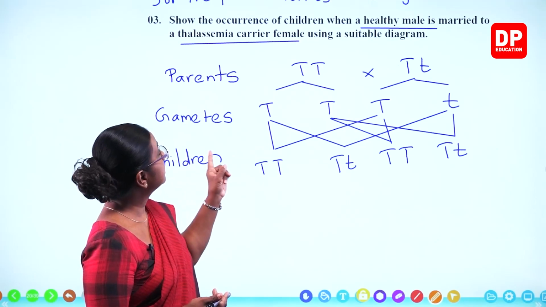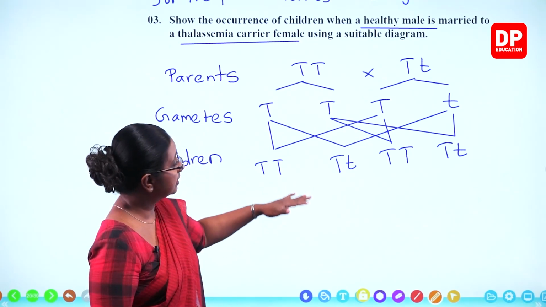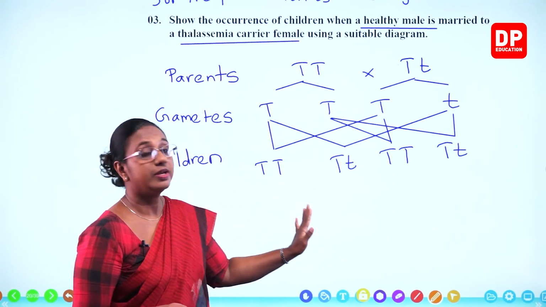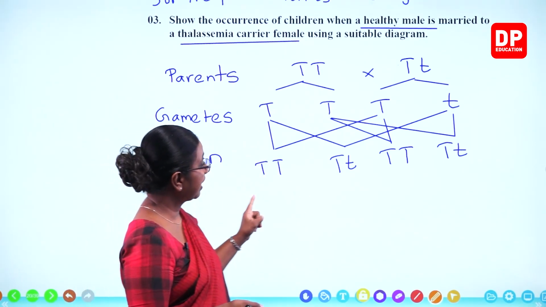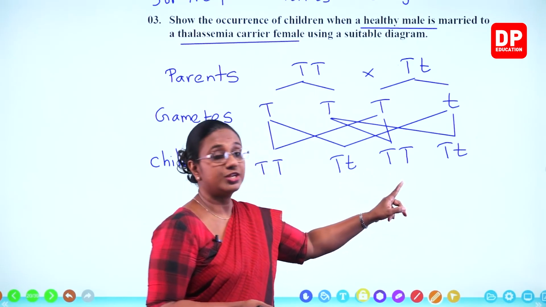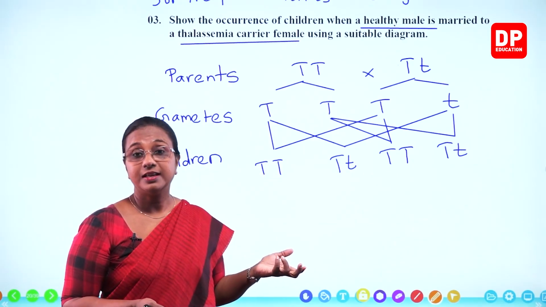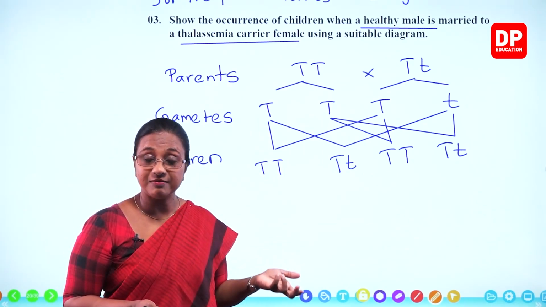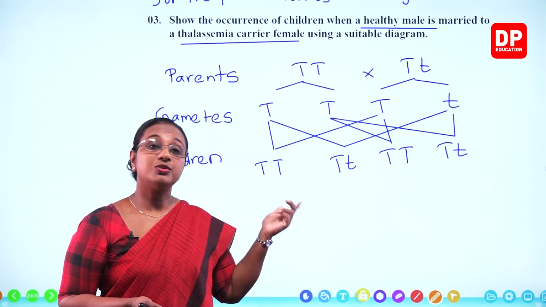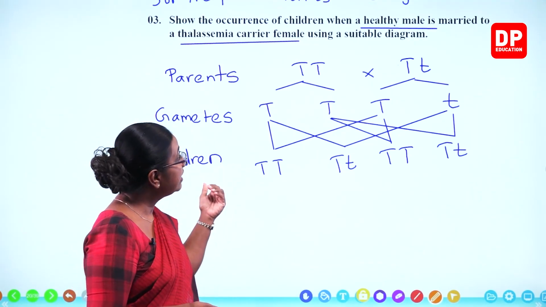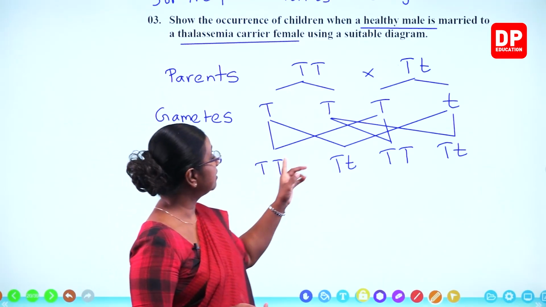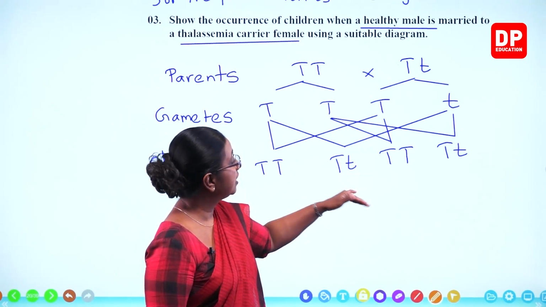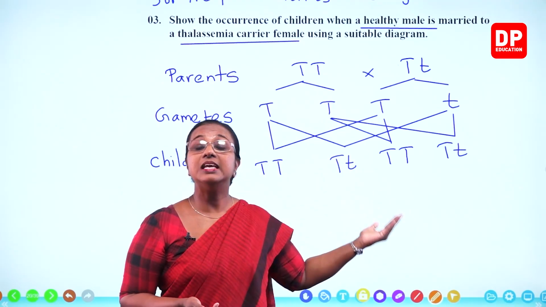So the mother is a thalassemia carrier, but none of the children is going to have the disease because the father is healthy. But you can see 2 out of 4 children become carriers. They have the recessive gene. So that is what we say when there is marriage among blood relatives. Even here, whether they are blood relatives or not, the number of carriers increases.